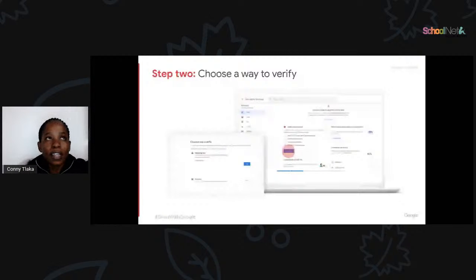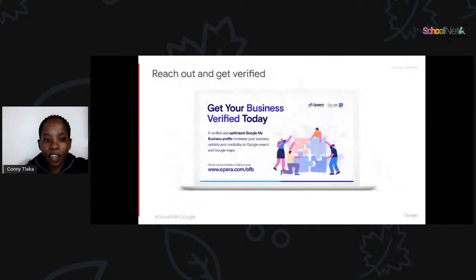What I learned is that Google My Business has partners that can help you get verified. So you can even reach out via a call or request them to call you back so you can be verified.